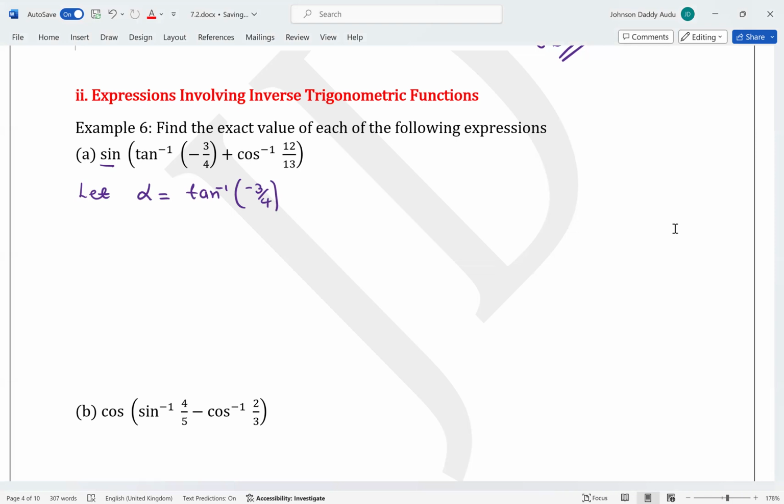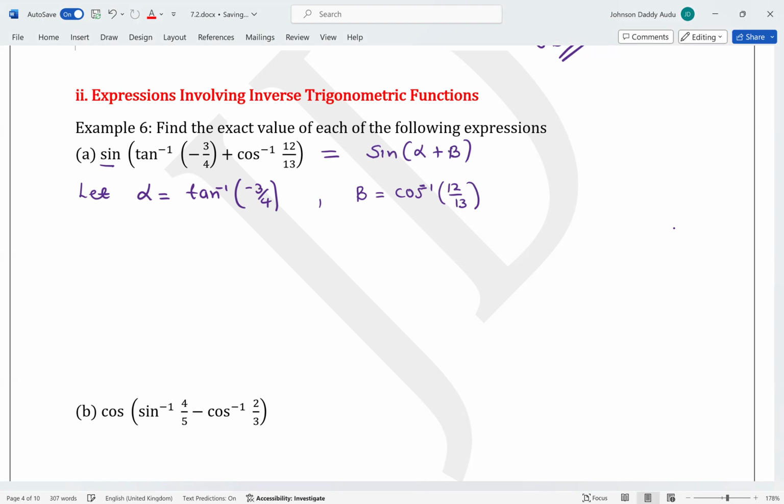And at the same time, we can make beta to be cosine inverse of 12 over 13, right? So it means that this will just become what? It becomes sine of alpha plus beta.